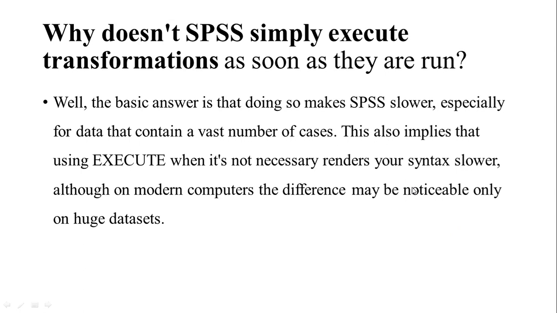The basic answer is that doing so makes SPSS slower, especially for data that contain a vast number of cases. This also implies that using execute when it's not necessary renders your syntax slower. Although on modern computers the difference may be noticeable, but only on huge data sets. But to be safe, you don't need to run execute every time.